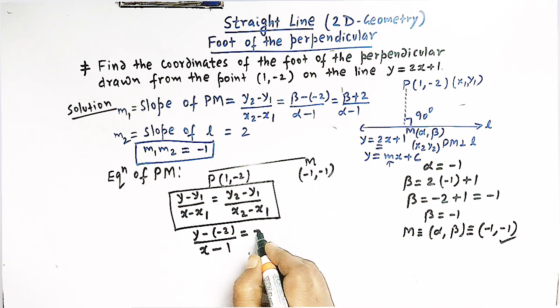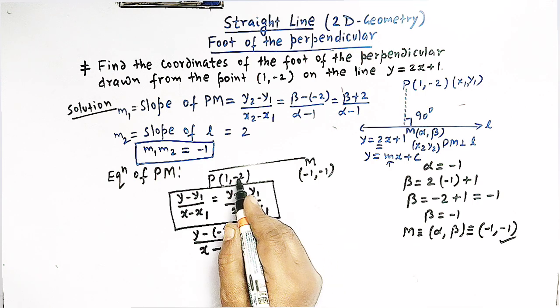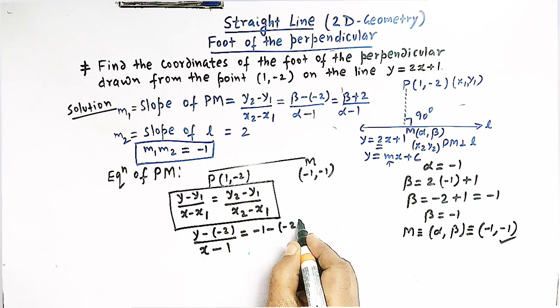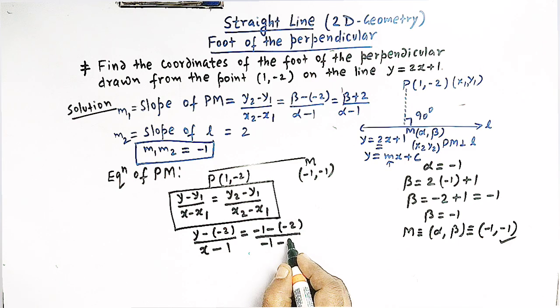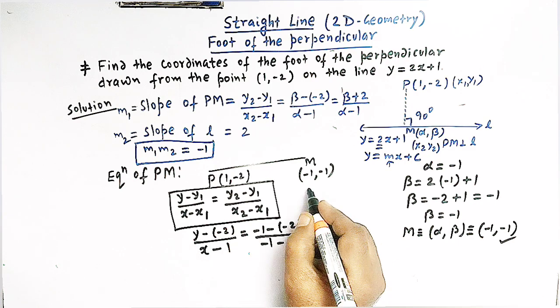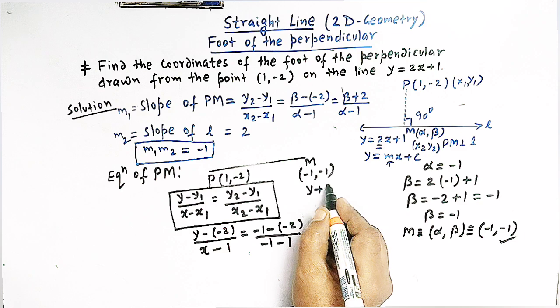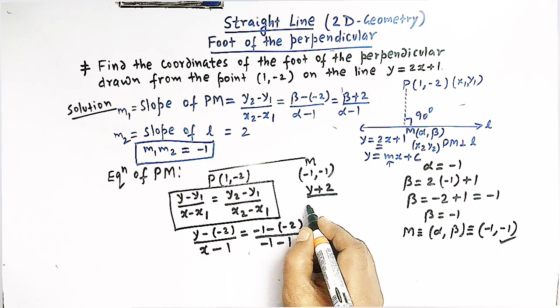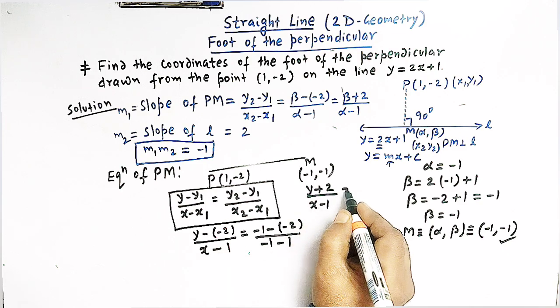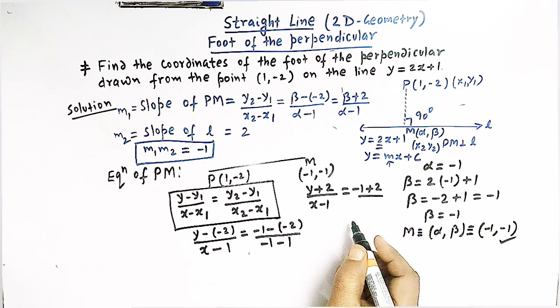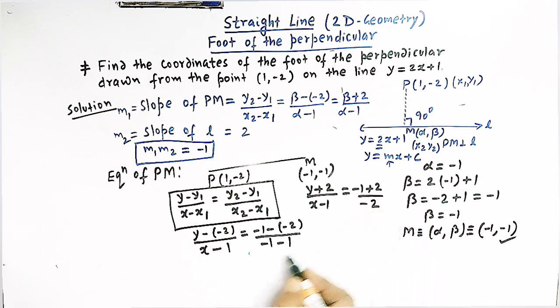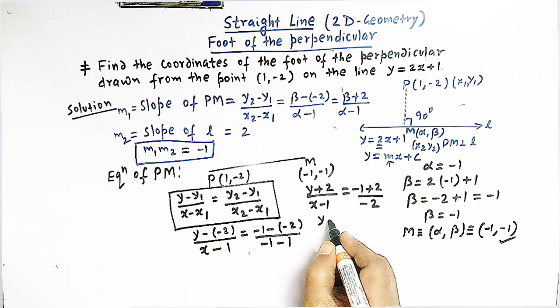So we have minus 1 minus minus 2, and then we have minus 1 minus 1. So this is now y plus 2, and here we have x minus 1, and this is minus 1 plus 2 divided by minus 2, right?